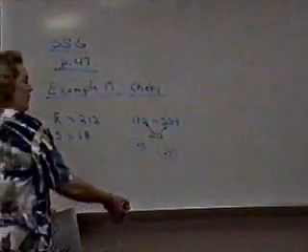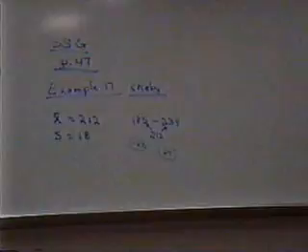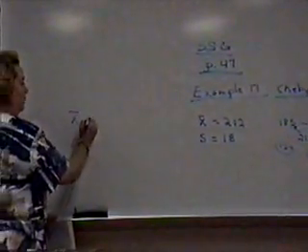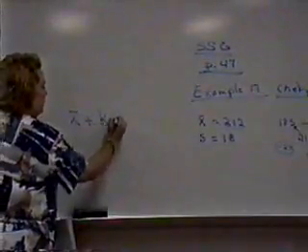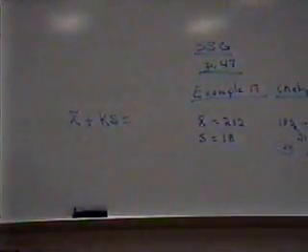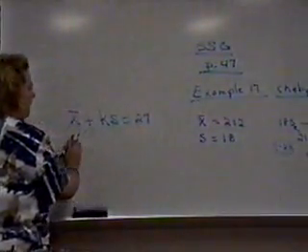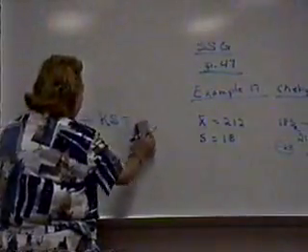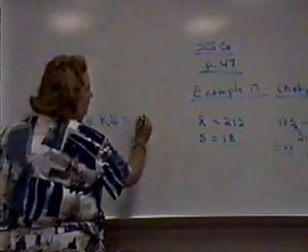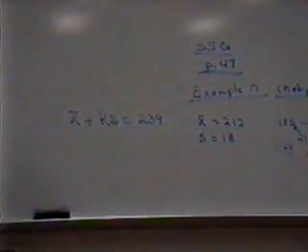So if we now know that the number that's been added was 27, Chebyshev tells us that the mean plus k standard deviations is how far away you go from the mean. So if you went 27 away, the mean plus k standard deviations was 239. This was the range.